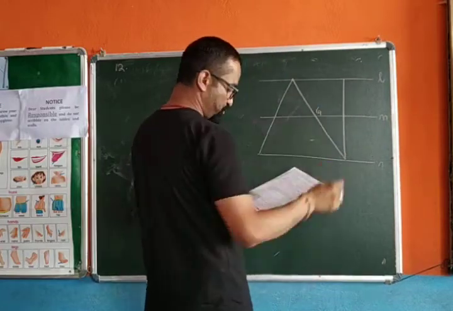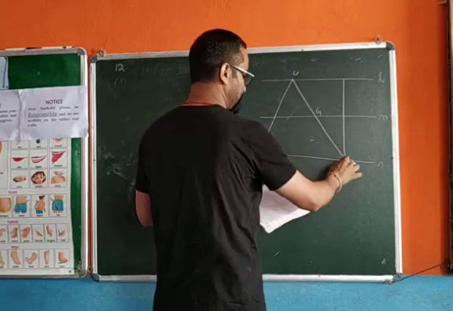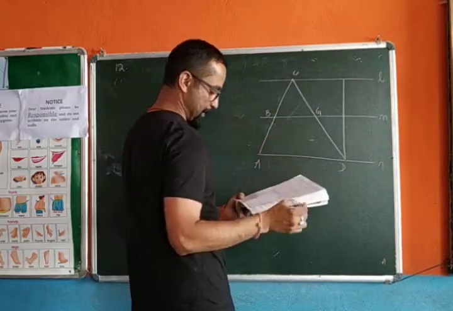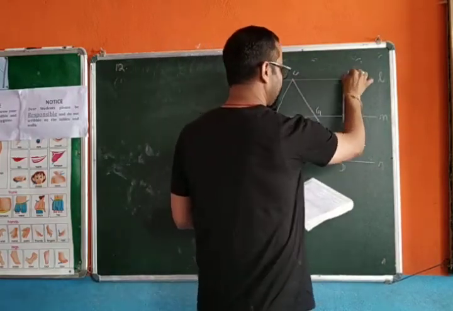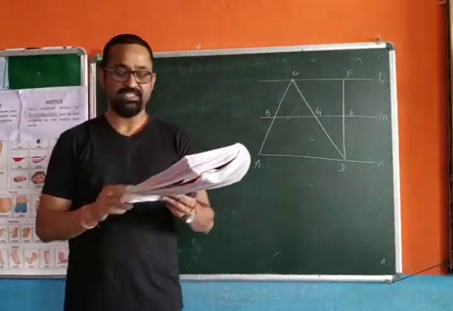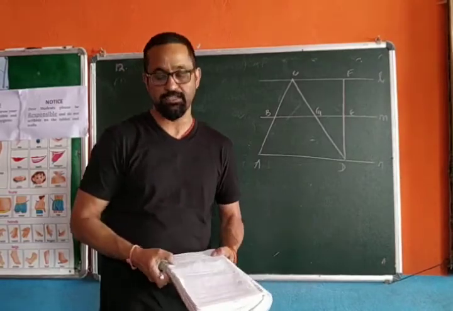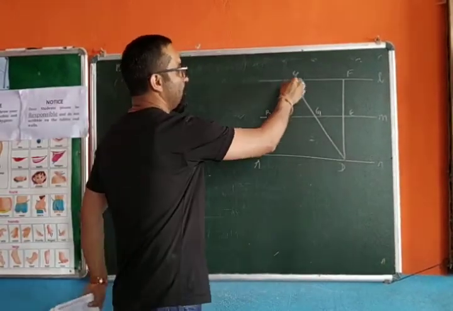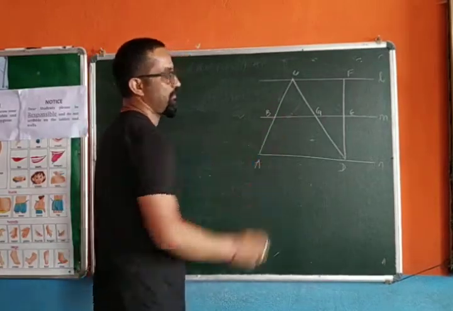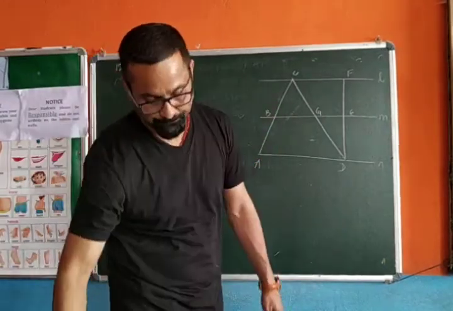Question says find BG if AD is 6 centimeter. Whole length AD is 6 centimeter. You need to calculate this length BG.